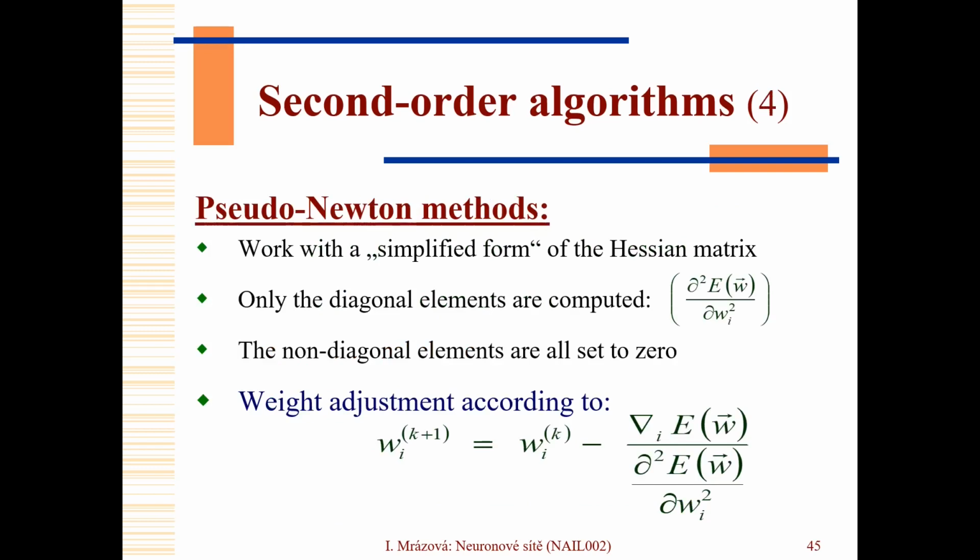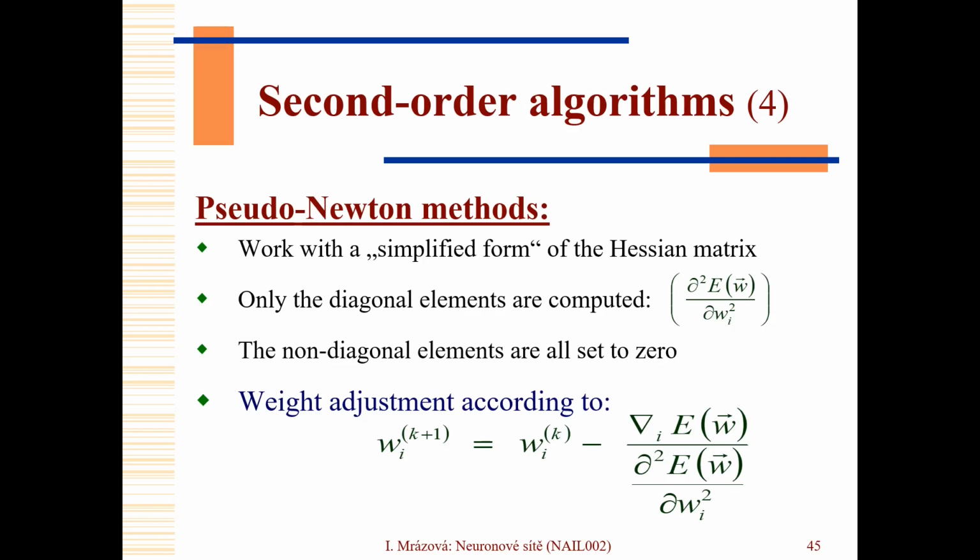Although the Newton's methods are quite straightforward, their main problem is first the strong assumption of the quadratic form of the error function, and second the computation of the inverse Hessian matrix. For this reason, the so-called pseudo-Newton methods are introduced and used in order to avoid the problems connected with the intensive computation of the Hessian matrix.